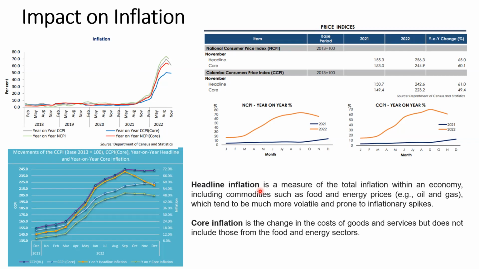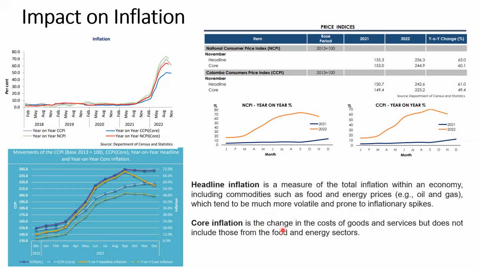But if you can explain headline inflation and core inflation when you write your answer, you can get more marks. Okay? Headline inflation is a measure of the total inflation within the economy, including commodities such as food and energy prices, for example oil and gas, which tend to be much more volatile and prone to inflationary spikes.